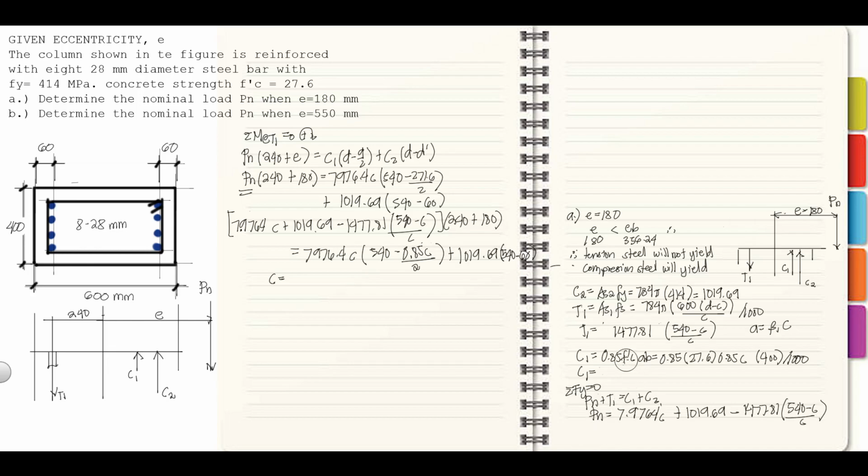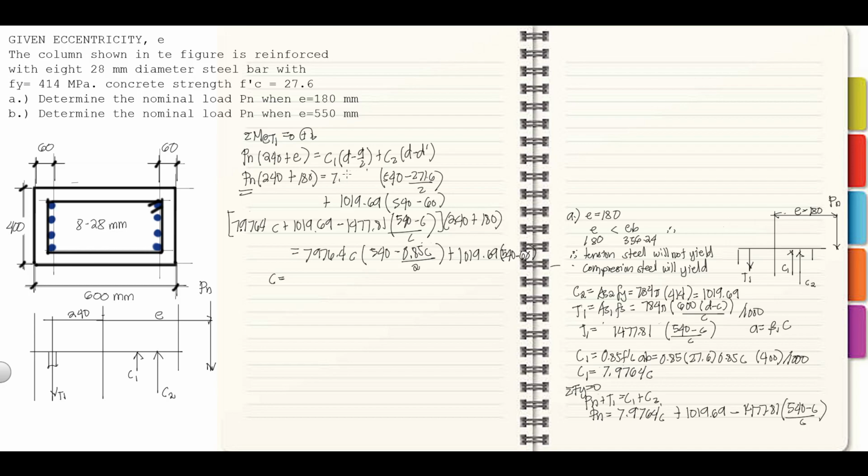Alright, so dito may babaguhin tayo sa C1. Hindi natin na-divide ng 1,000 kanina, no? So we divide that, so dapat ang C1 natin 7.9764 C. Okay? So yun yung lagay ko sa PN. So papalitan natin yung PN natin. And also sa part na to, palitan natin.